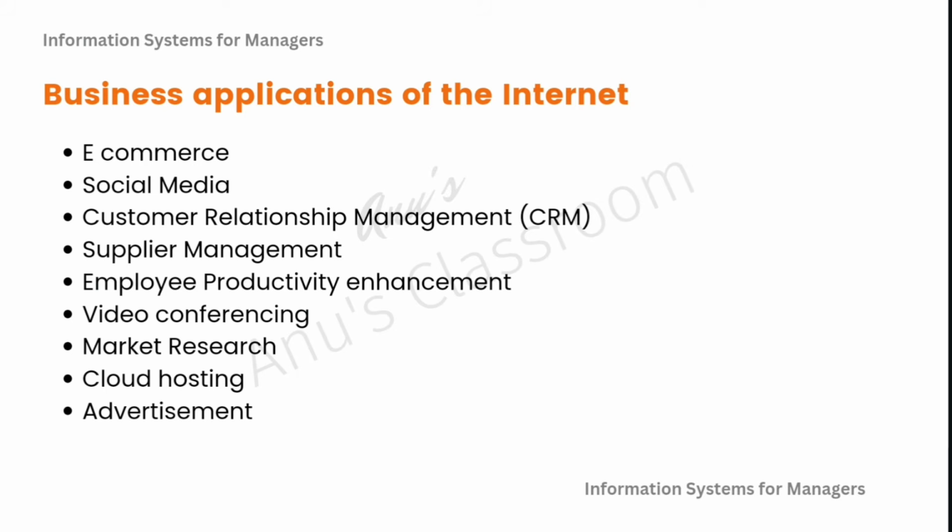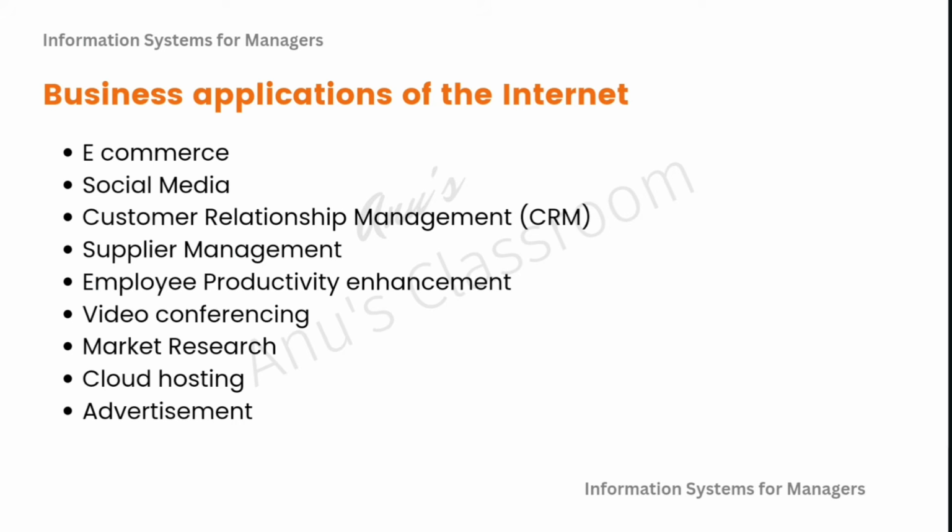Now, what about the internet? The internet also, businesses use it in a number of ways today. Earlier, the internet was just maybe to get information or maybe send an email communication and things like that. But nowadays, it is not like that. Almost every other business that you come across has its online presence. In fact, some businesses only have an online presence. They do not have a physical store or a warehouse or a godown.